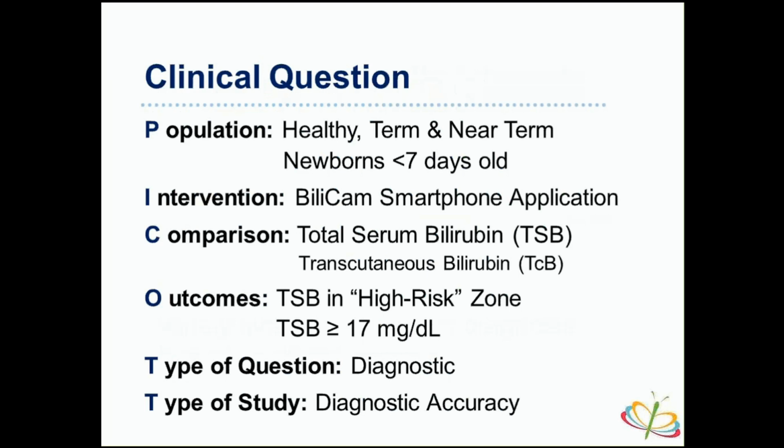We're looking at how likely we are able to predict that the serum bilirubin is going to be in the high-risk zone on the Bhutani nomogram, or if the serum bilirubin is greater than or equal to 17, which is determined to be that clinically significant threshold. It's a diagnostic question, and you use a diagnostic accuracy study.